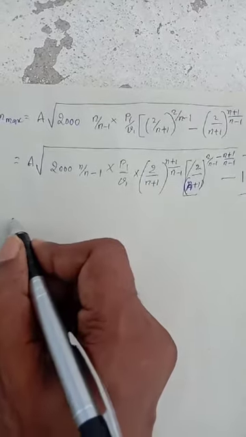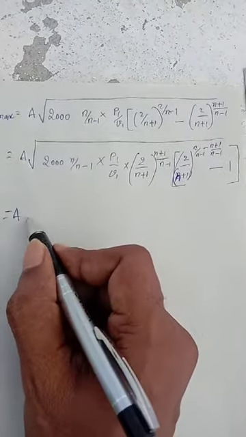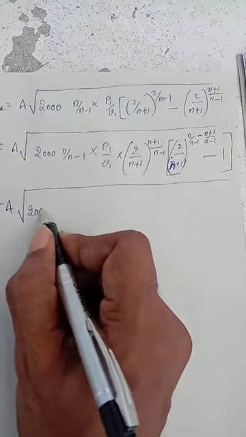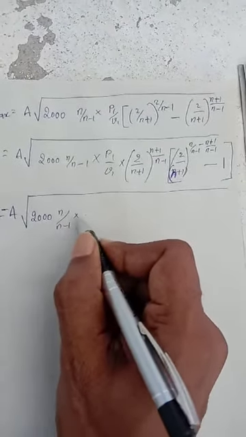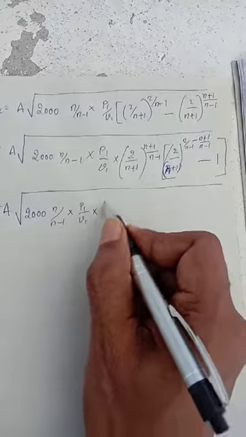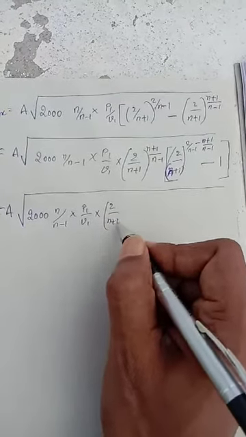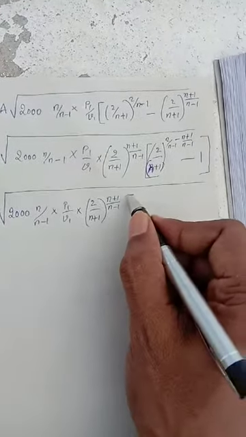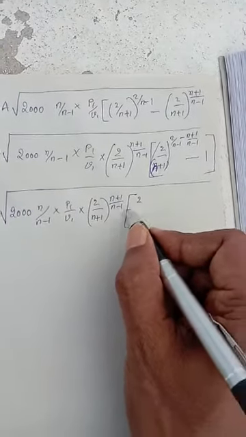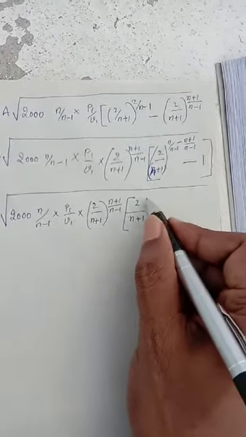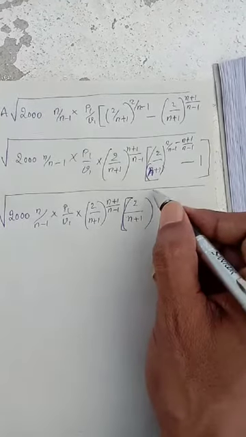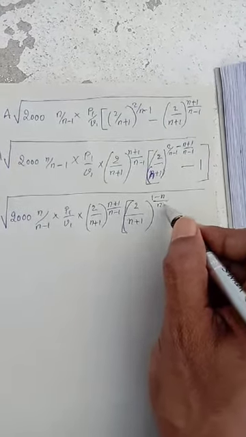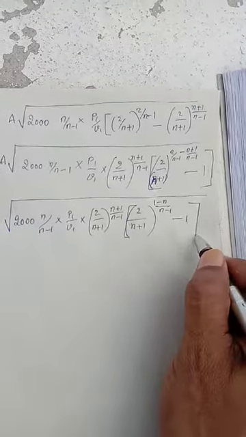So now here again we solve this. What happened in this equation? We can change p1 v1 into 2 by n plus 1, n plus 1 and minus 1. Now here 2 by n plus 1, all power 1 minus n divided by n minus 1, minus 1.